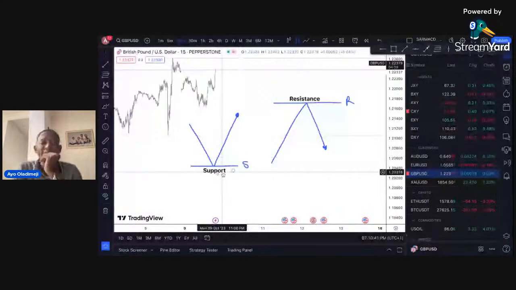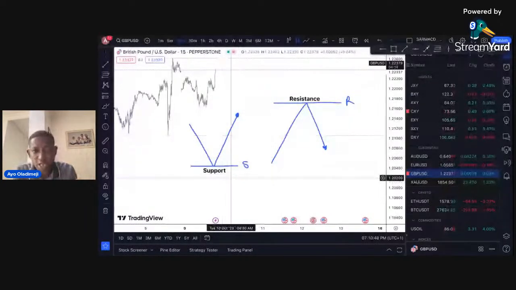Now, these are reactions of price at key levels of the market. So support and resistance are actually price reactions to certain price levels or price areas.